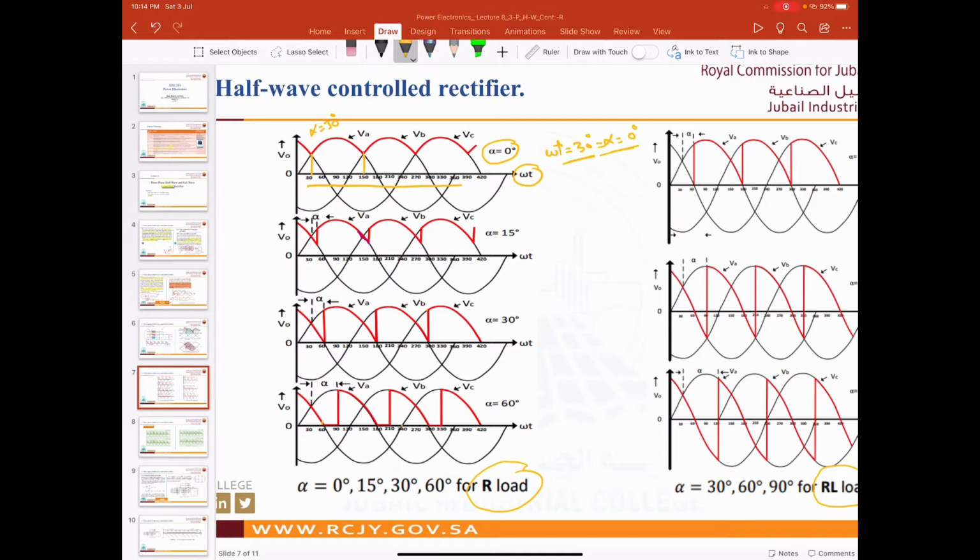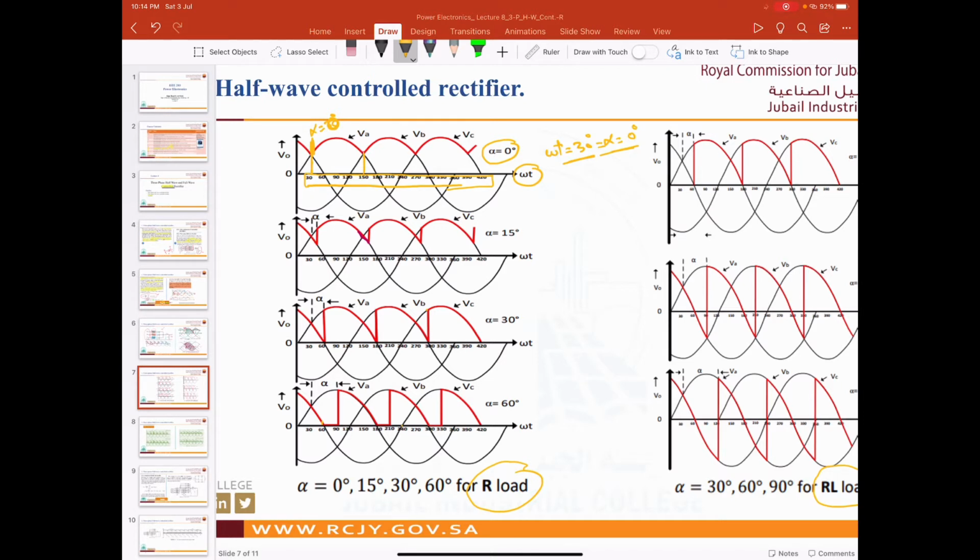Okay, so it is a little bit confusing, but we will not use the range anymore here. This is the range of the omega t, the angular frequency with time. So now here we have alpha is 0, guys, because we did not change alpha, right? We did not fire because we have a thyristor.